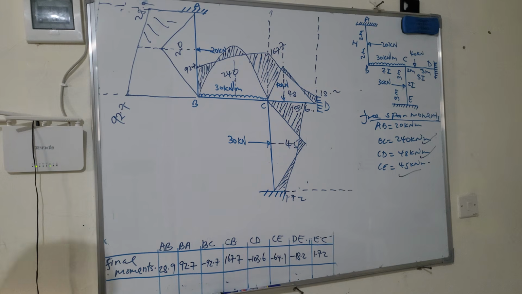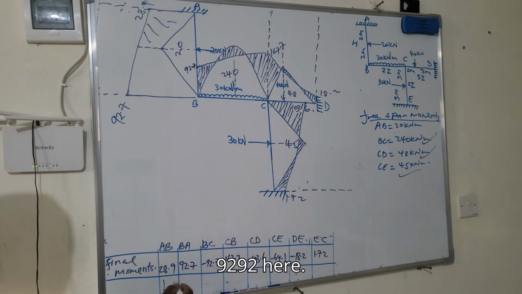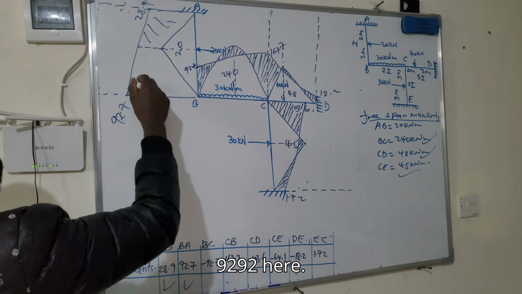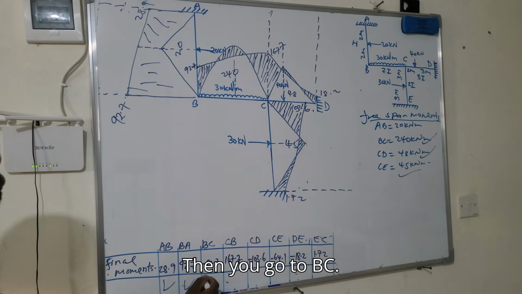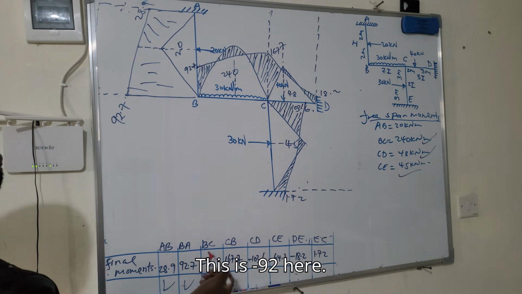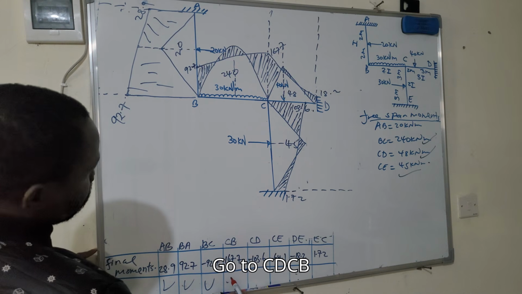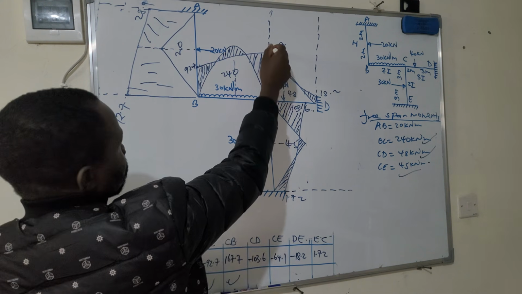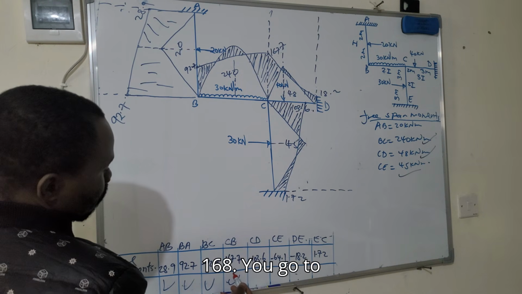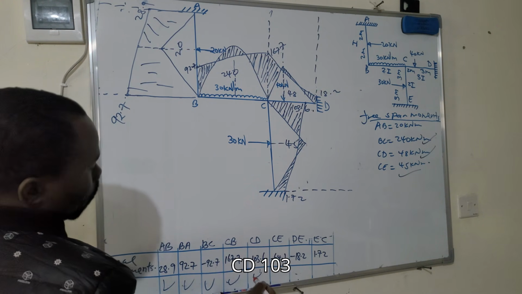And then we have BA. BA is 92, 92 here. Then you go to BC. BC is negative 92 here. You go to CB, along this line, 168. You go to CD, 103.